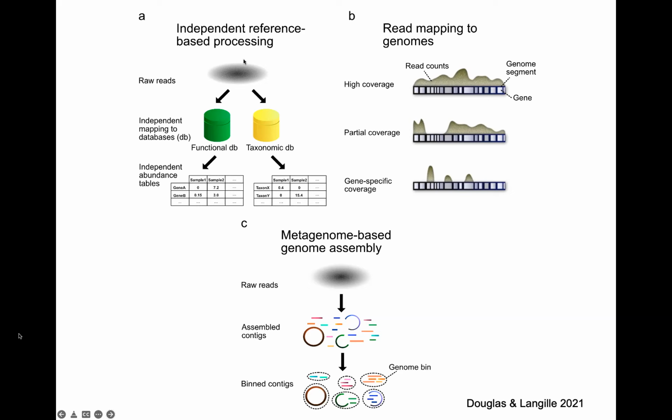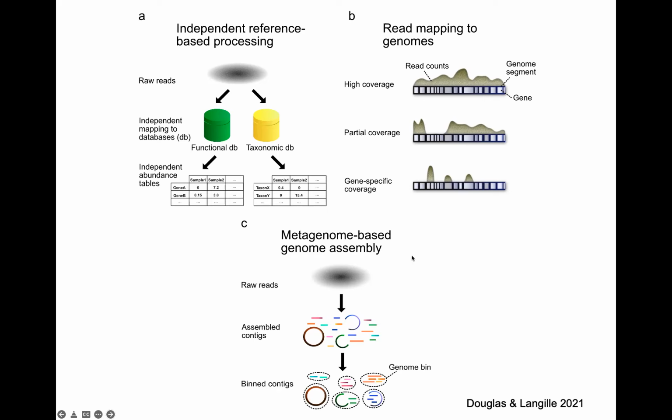In panel A, what we're typically doing is mapping our reads to some reference databases, either a taxonomy database for getting taxonomic profiles or functional databases for functional profiles. And we're coming up with this nice table, kind of like an OTU or ASV table with 16S data. That's what we're going to focus on entirely today.